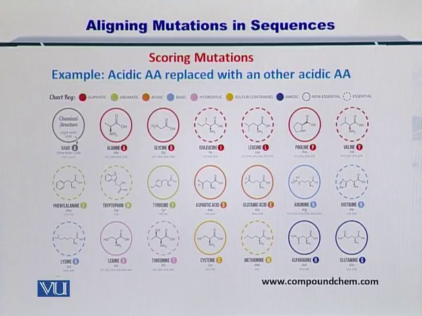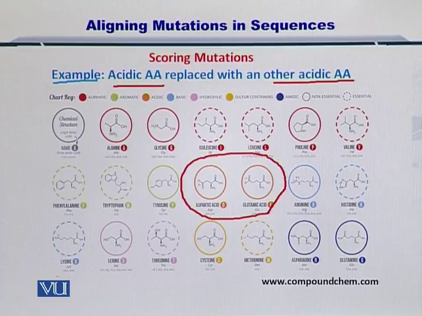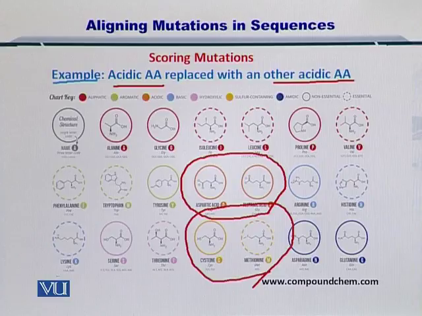So here, I've listed all the 20 amino acids for you. And the example that I'm going to discuss here is the replacement of an acidic amino acid with another acidic amino acid. So the acidic amino acids are shown here in the table.